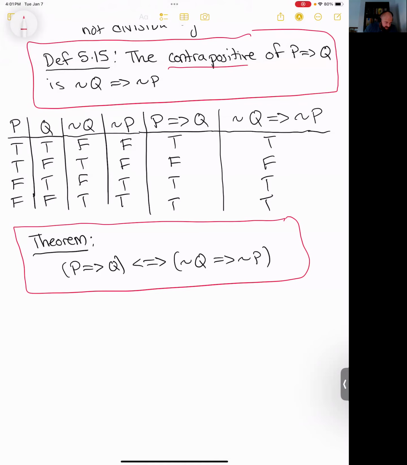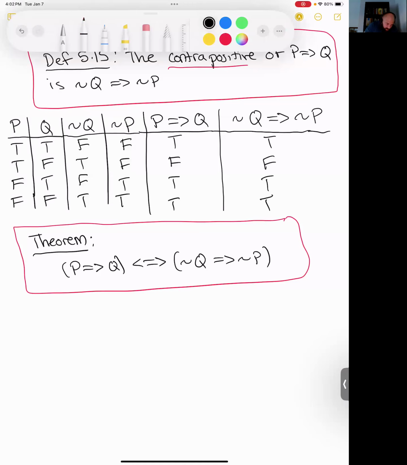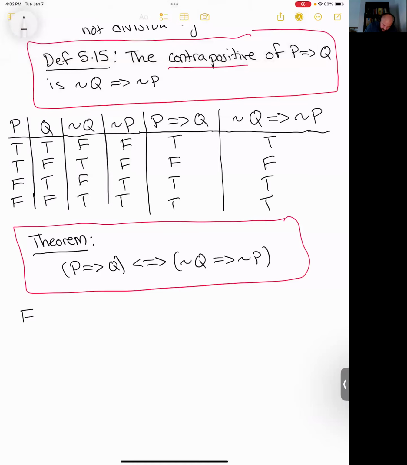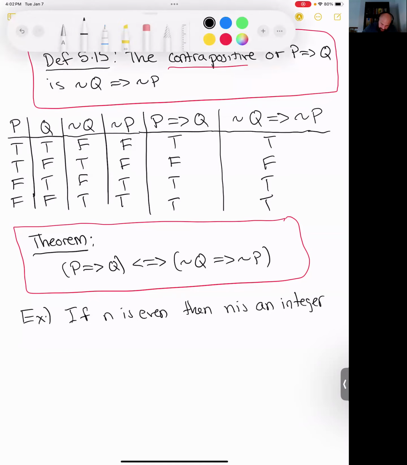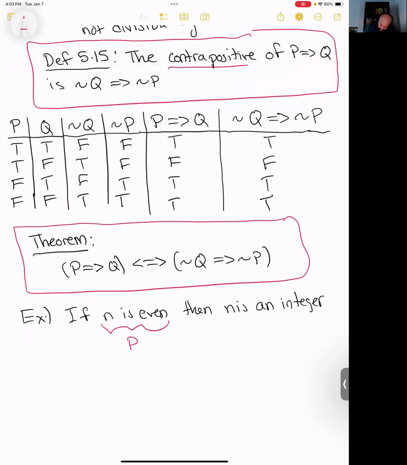Okay. But now let's just do examples of how to work with this contrapositive. So for example, if n is even, then n is an integer. So in this statement, P is given by this, and Q is given by that.